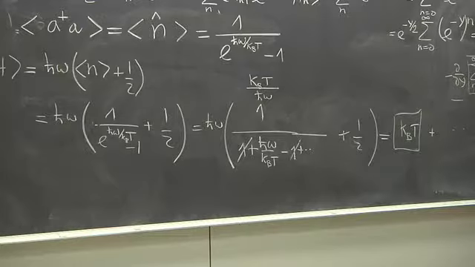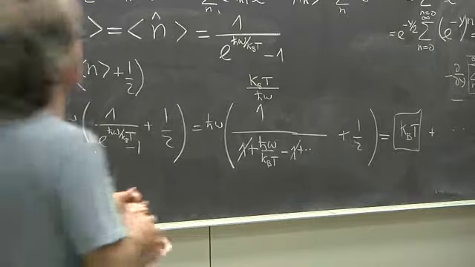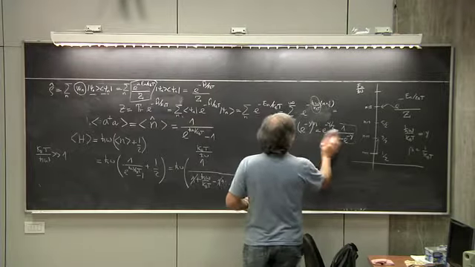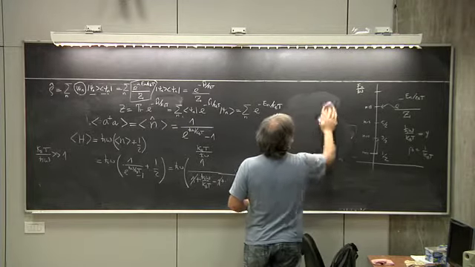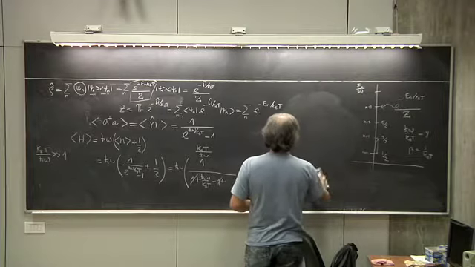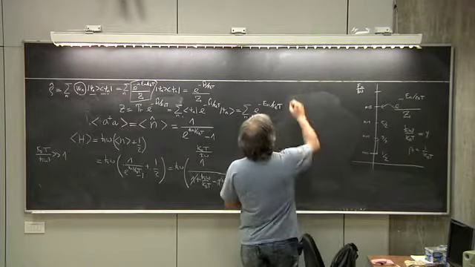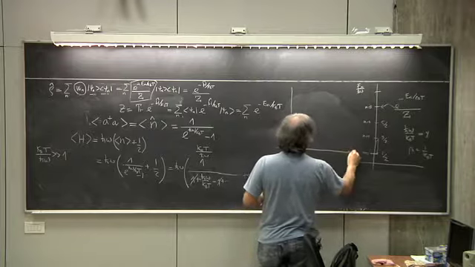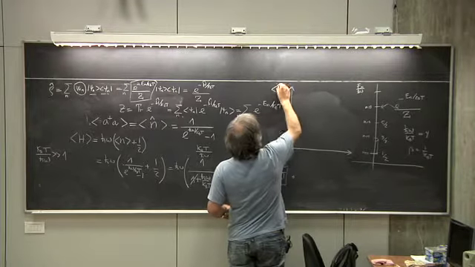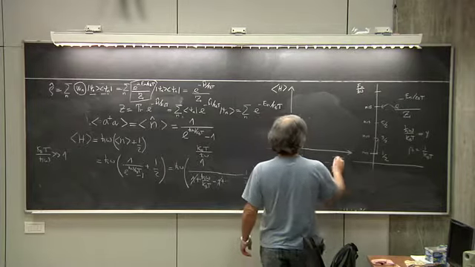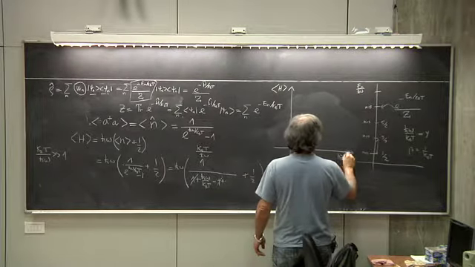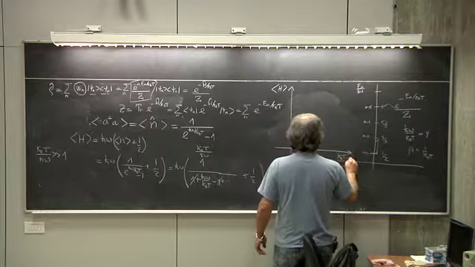On the contrary, if this is the result for large temperature, the result for small temperature deviates a lot from this. So here I have my average energy, and here I have, for instance, kBT over h bar omega.